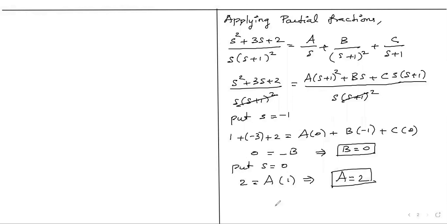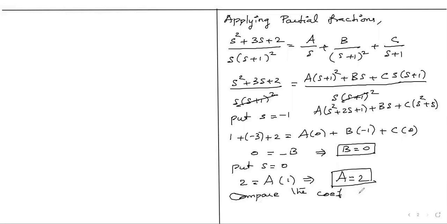Now the only value left is c. To find c, we can compare the coefficients. It's your wish. You can go with the constant, because the right side is a times s square plus 2s plus 1, and b is s, and c is s square plus s. So you can go with s square or s.